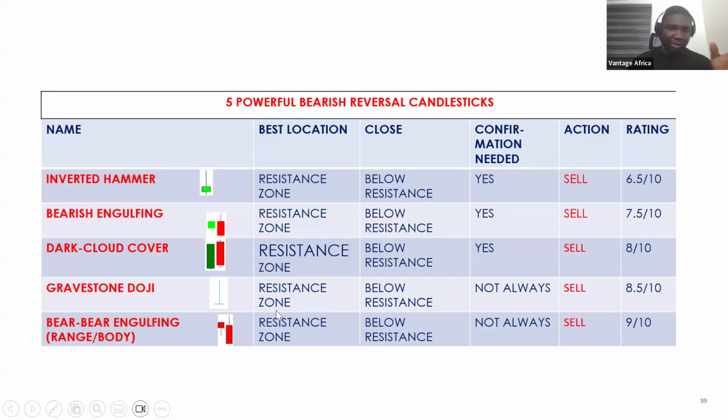So the easiest way for you to do this, guys, is to pick one or two or three instruments that you want to monitor. Identify these zones, support zones and resistance zones, so that you know when price gets to that level. Don't be trading 10 or 20 different instruments running around the market.